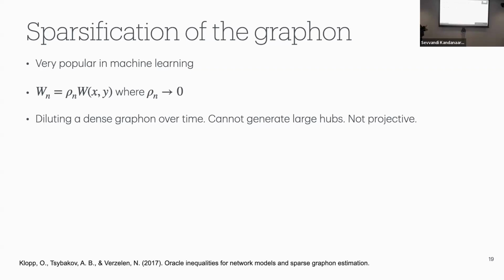In a real example, you're never going to go until 0 and get the 0 Graphon, but you can get sparse and sparser graphs. But the problem with this approach is you can't generate large hubs. You can only get diluted dense graphs. You can't get big hubs with everything sparse everywhere else.